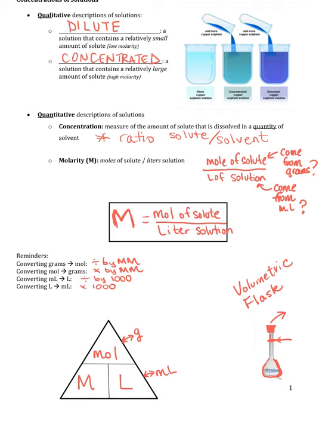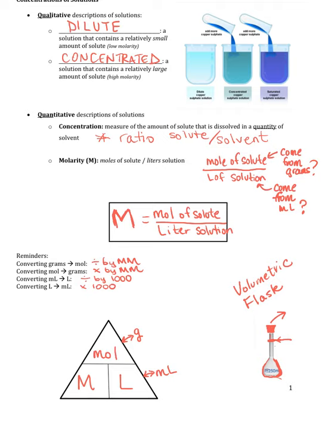You would invert the volumetric flask, and then you would know that that molarity would be exactly whatever you had calculated it would be. So it is kind of what we call calibrated to be a specific molarity.